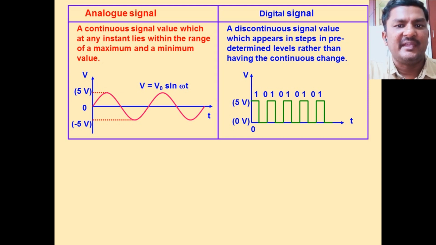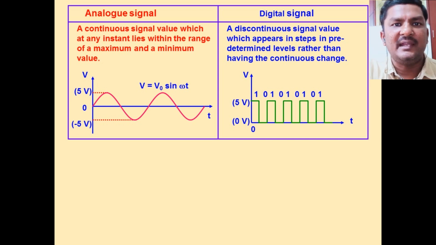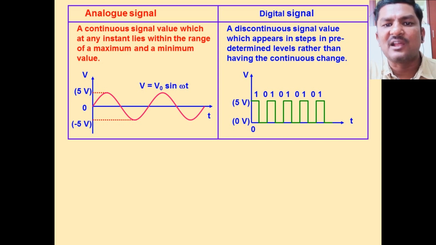Here a graph is shown between the voltage and time, and V is the voltage. The maximum value of V is 5 volt and minimum value is minus 5 volt, and the value of V changes with time, and this is a sine curve.